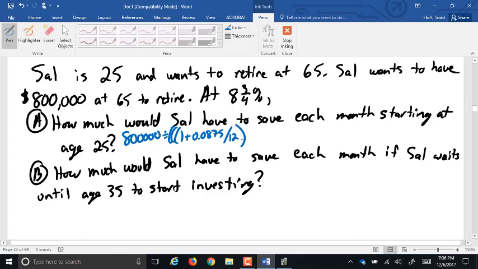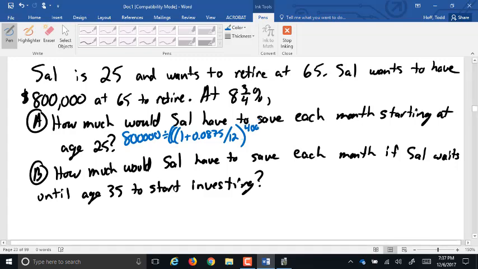So for the first part A, let's just take a look at that, see how you're doing. I'll give you a little more time for part B if we need to. We start out with the 800,000, which is what Sal wants to have, desired future value, divided by our 3 open parentheses again, 1 plus 0.0875 divided by 12 to the power of 480.